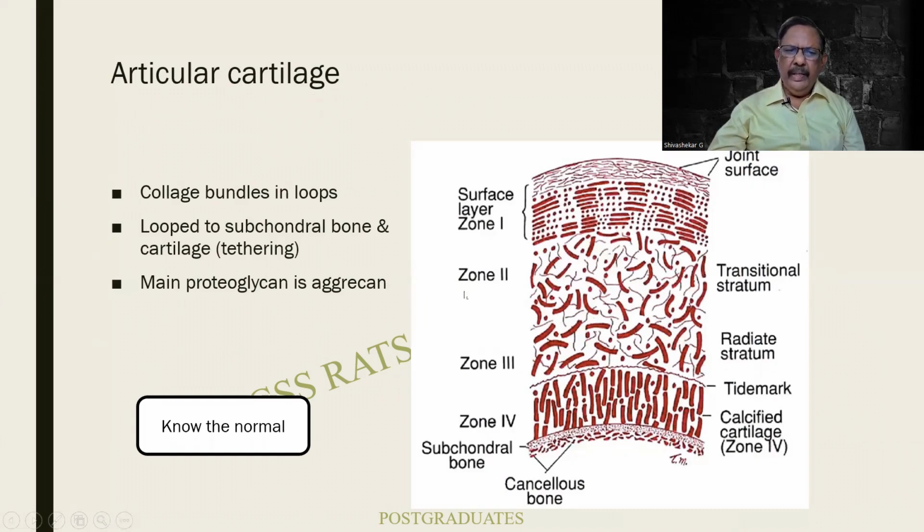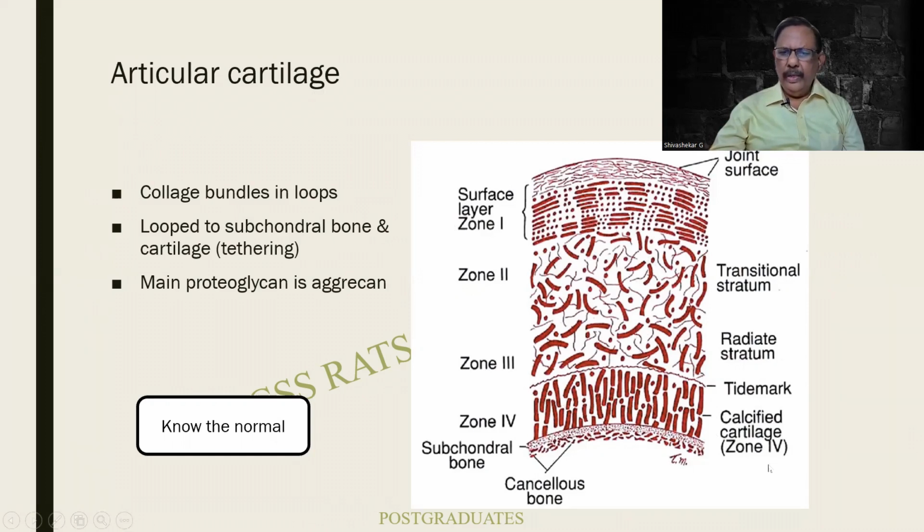And the main thing is proteoglycan and aggrecan. Aggrecan is the main component of the proteoglycan. So you find that there is a kind of looping over here, and this collagen, very intricately, gets connected to the superficial cartilage. As a result of which, you find that the integrity is maintained, tethering.